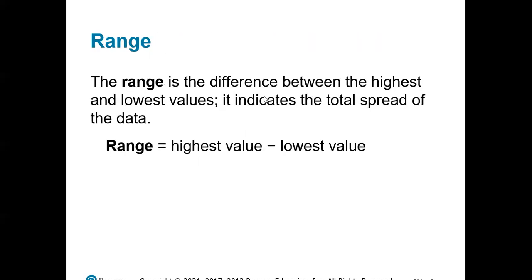In the example I gave you before I started writing the slides, 99 minus 1, which is 98, is the range of the first class, the first section, and 51 minus 49 would be 2. So as you can see, the range of the first section is much higher than the second.